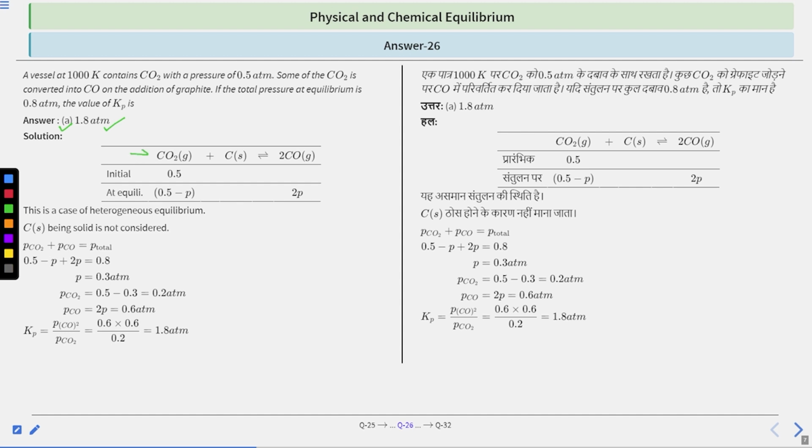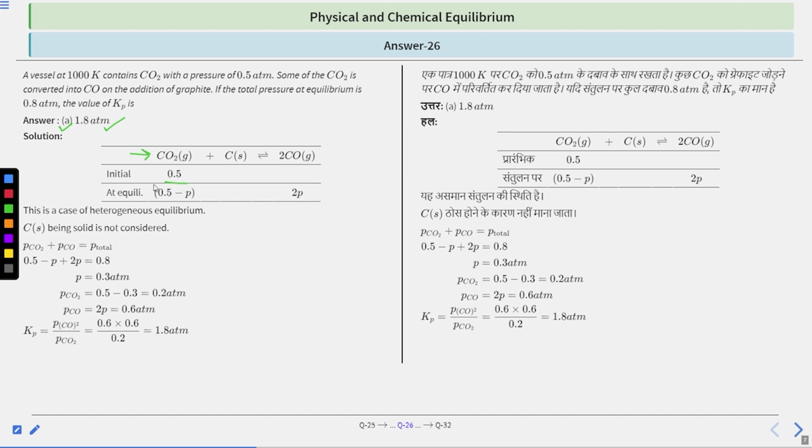So we have this equation, CO2 plus C gives 2 molecules of carbon monoxide. Initially the pressure of the CO2 is 0.5 atmosphere, and the total pressure at equilibrium is 0.8.